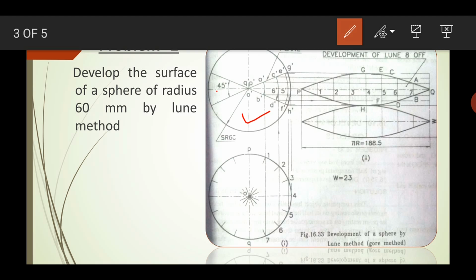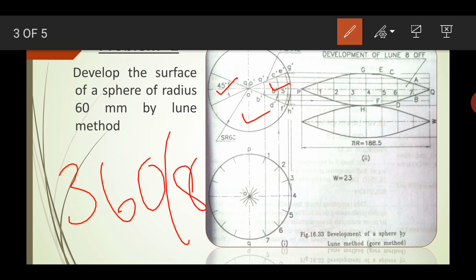See, this one is the first lune, this is another lune. If you divide it into 8 lunes, it means 360 divided by 8. So how much will you get? Yes, it is 45. So each lune should have a 45-degree angle.